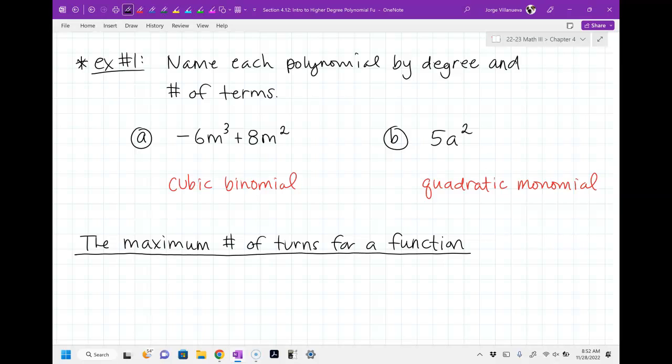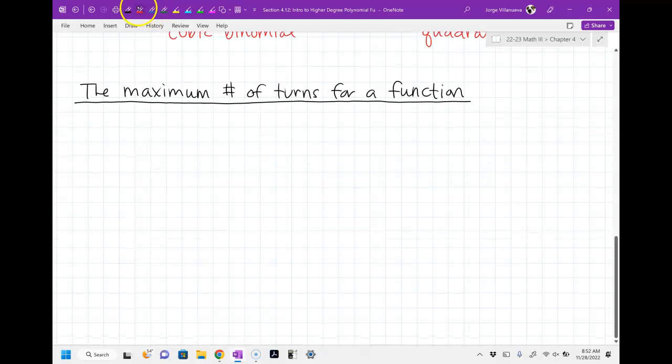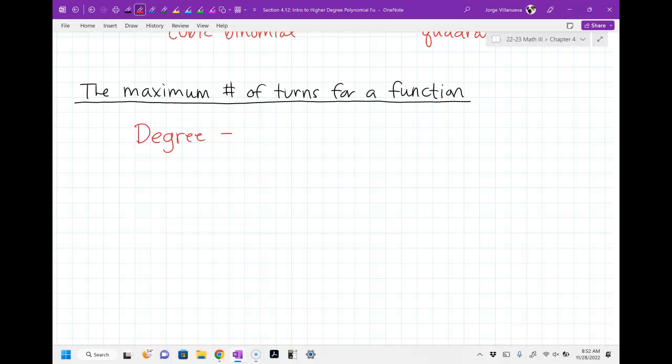How do you know just by looking at the equation how many times it's going to turn? It's actually pretty easy. It's your degree minus 1. That equals the maximum number. So it's just your degree minus 1.